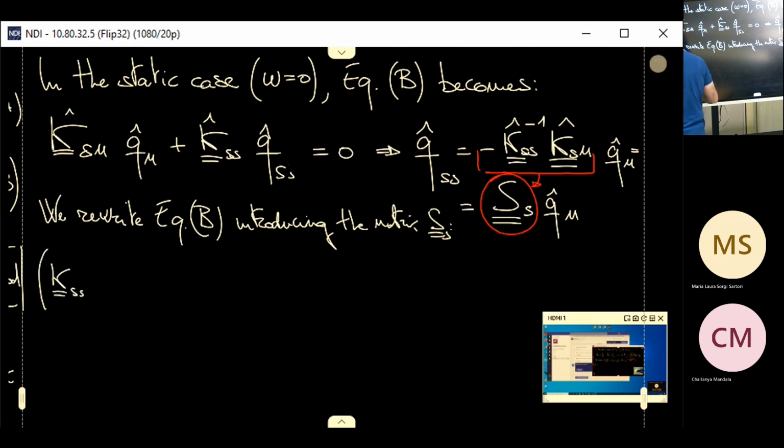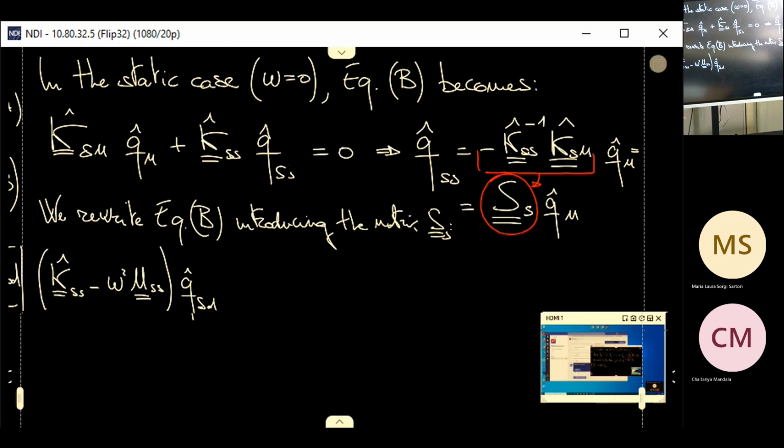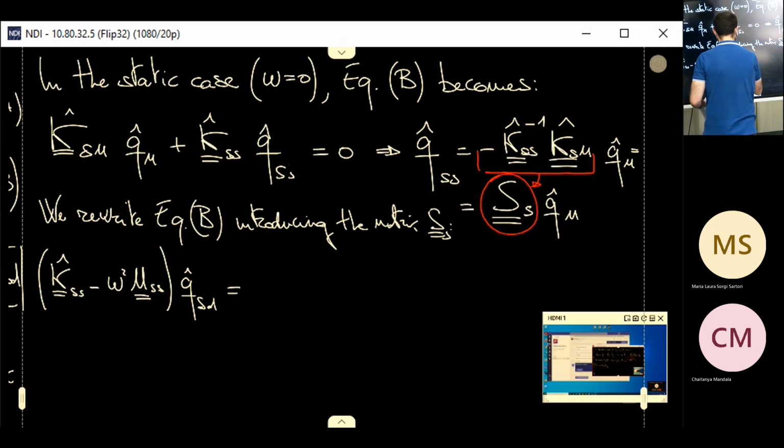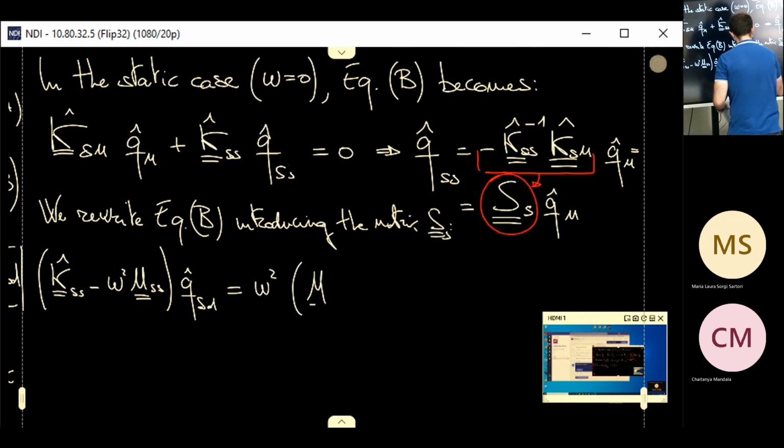KSS minus omega squared MSS, multiplying the dynamic part of the slave vector, equaling omega squared MSM minus MSS applied over our S matrix.